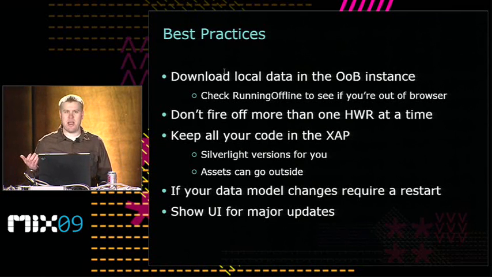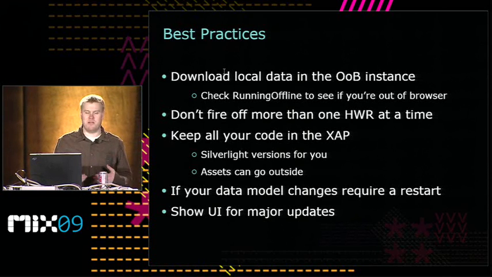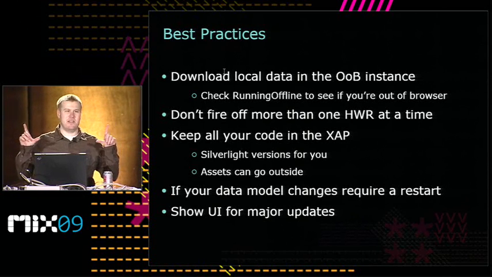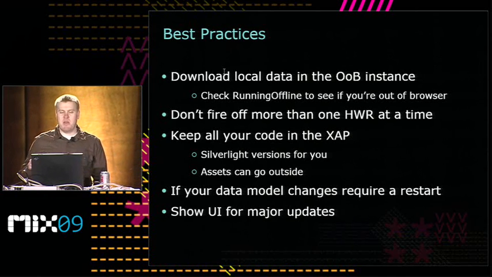So in that event, when you have an update, just prompt the users with a little message box and say, hey, you need to shut down. And if they don't shut the app down, just turn off all your UI. Put a big rectangle over it that's hit test visible true, and they can't even interact with anything. Also, make sure and let users know if a major update does occur so that they know to expect differences. It's jarring for most folks to see a big change without any sort of notice.